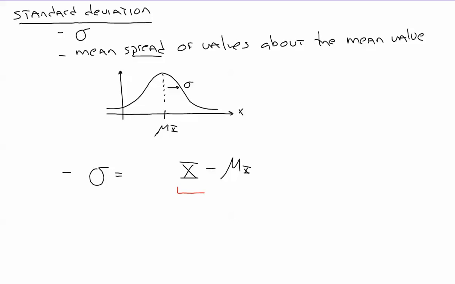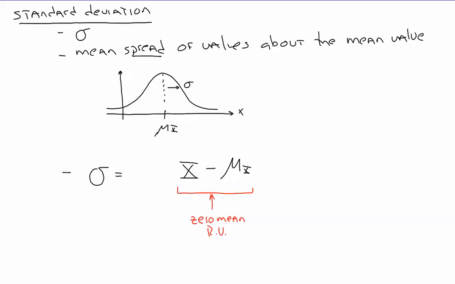This is a new random variable. Remember, a function of a random variable is also a random variable. X minus its mean is now a 0 mean random variable. X itself is not necessarily a 0 mean random variable, but x minus its mean, x minus mu x, is a new 0 mean random variable.